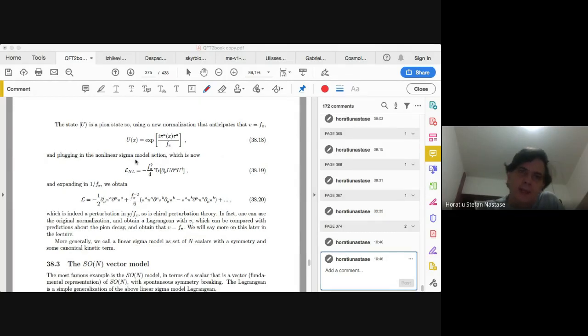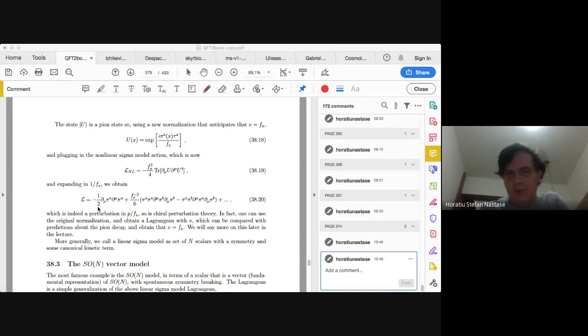So plugging back into the nonlinear sigma model, we have minus F pi squared over 4 trace of d mu U d mu U dagger. Now we can also expand in 1 over F pi, more precisely pi over F pi, and then we obtain this expansion.